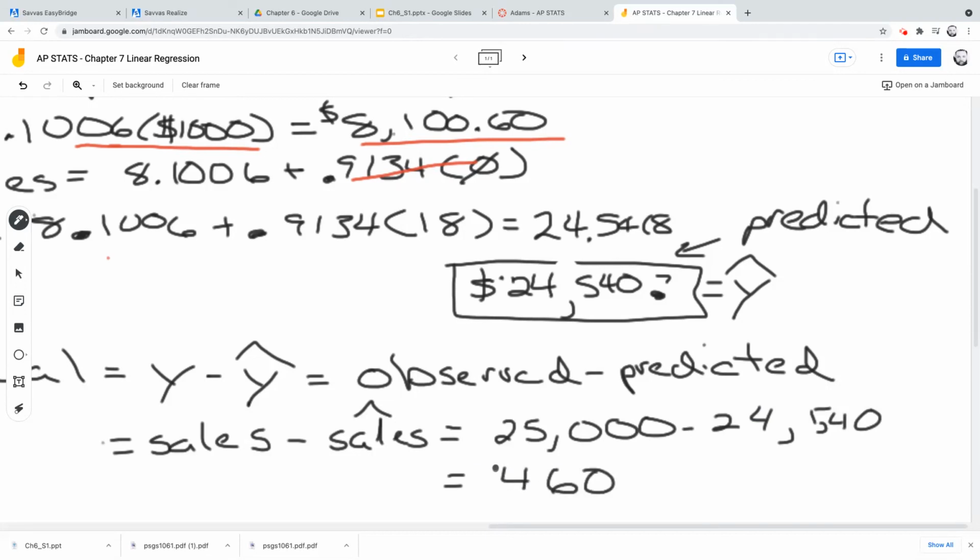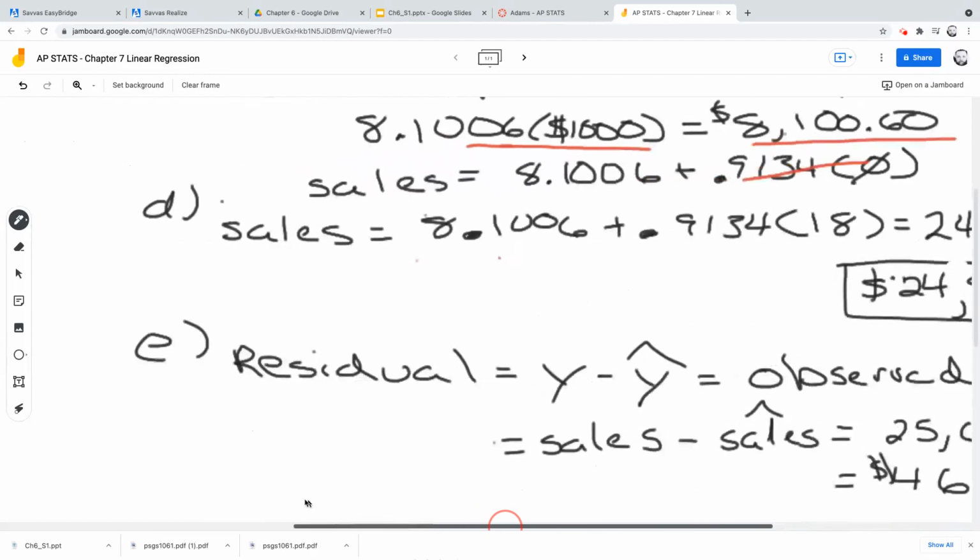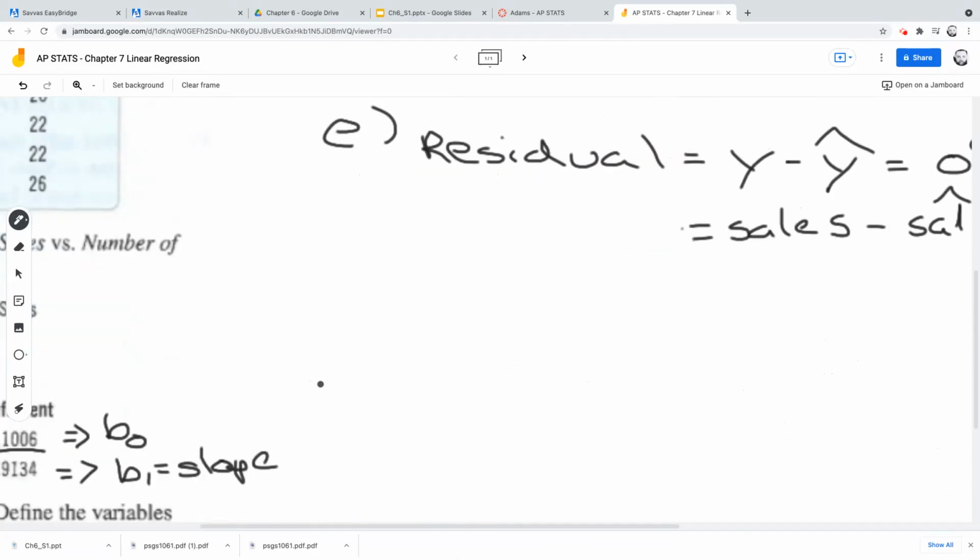Now there's some information here that's helpful to us. What does that tell us about the residual? So part F is, okay, what does the residual tell us about our value, right?